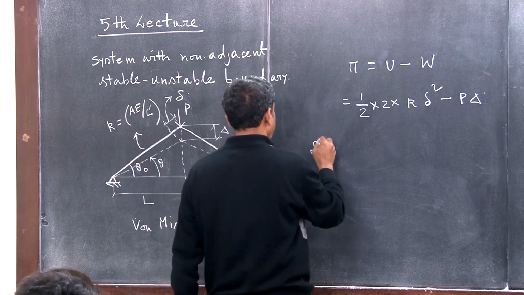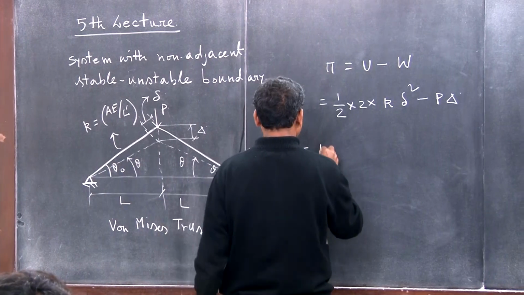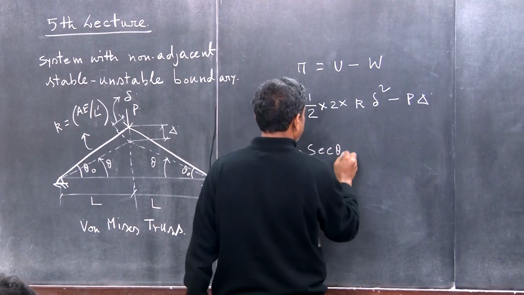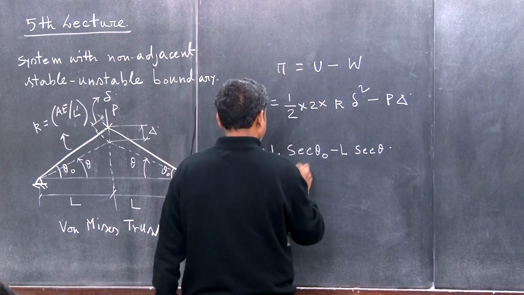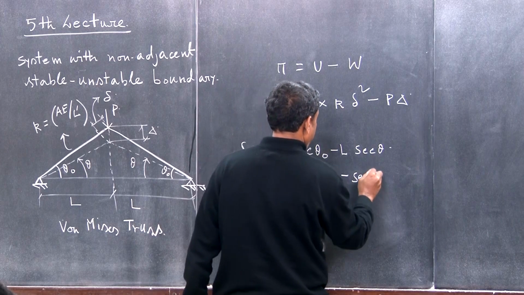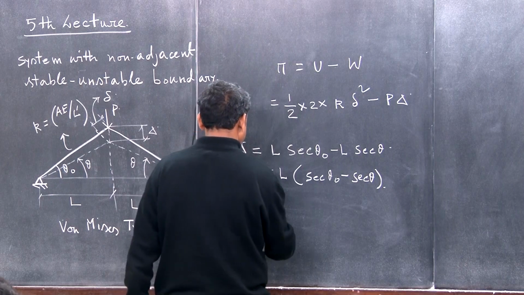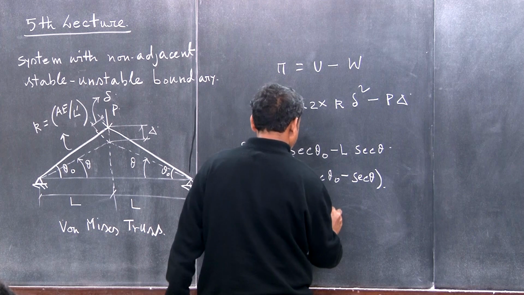So, this delta will be what? Initially this is L sec theta 0, so L sec theta 0 minus L sec theta. So, L into sec theta 0 minus sec theta, and capital delta is L into tan theta 0 minus tan theta.